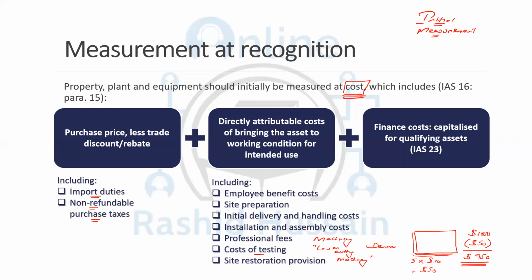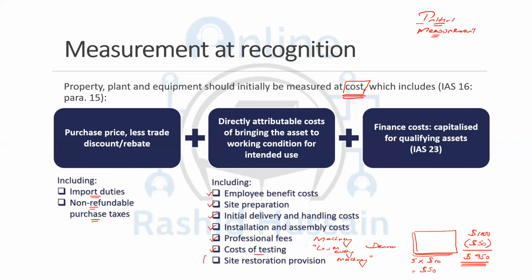So employee benefit cost, for example, you're paying your employees for that particular asset, for installation, for constructing it, site preparation, initial delivery and handling cost, installation and assembly cost, professional fee, cost of testing.